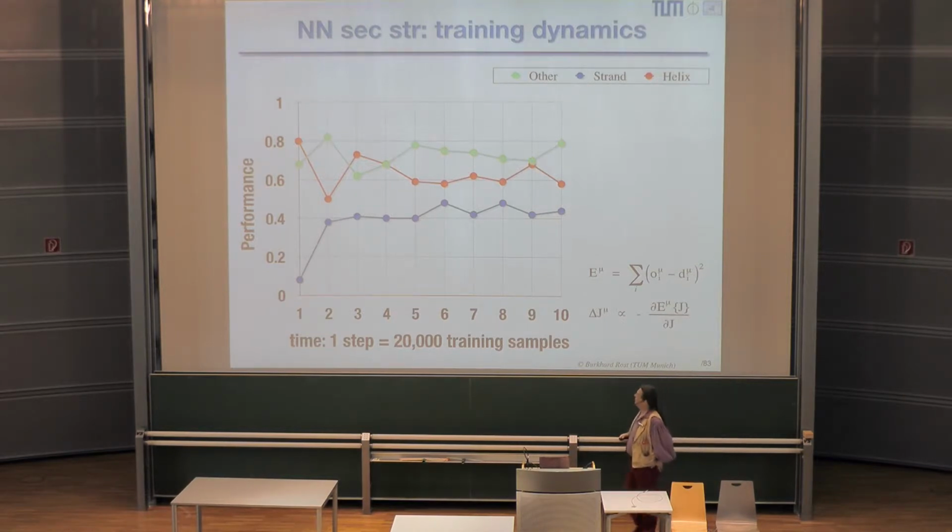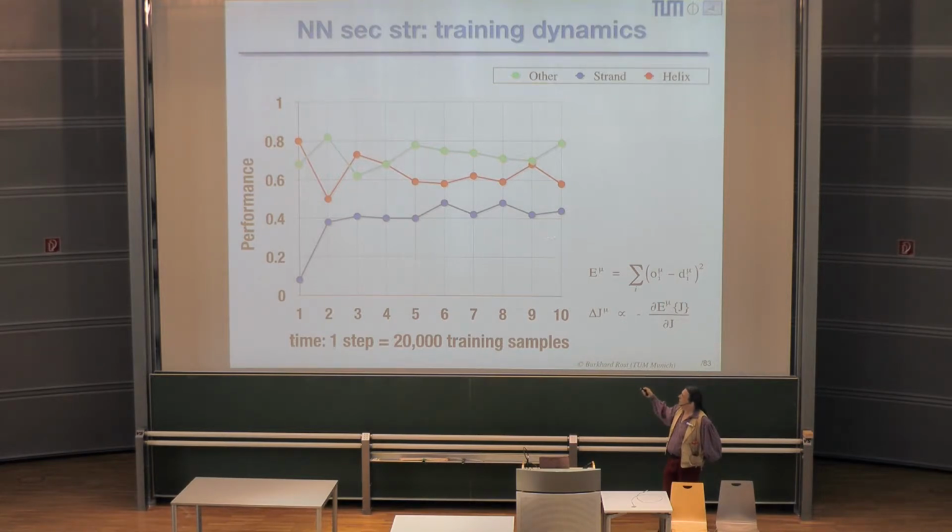What you see immediately is that in the first step, other and helix are already learned. Green and red reach levels that are very similar to what they reach many epochs later, so 20,000 towards 200,000 training steps, green and red are very similar.